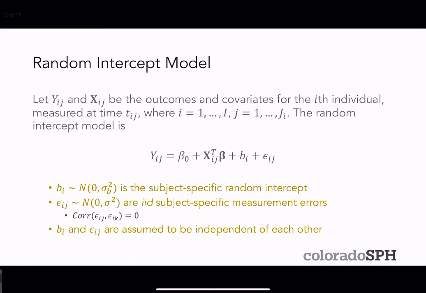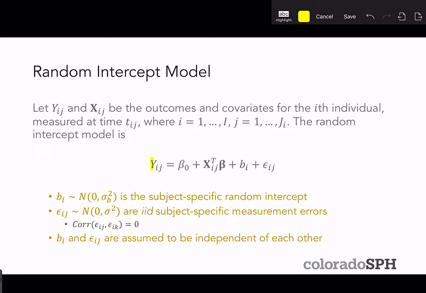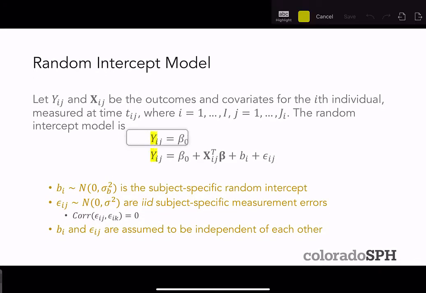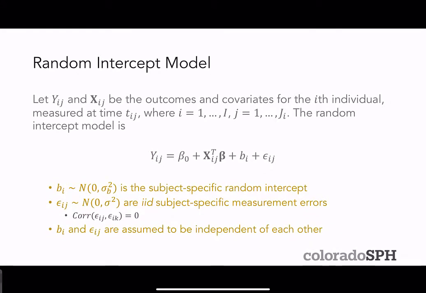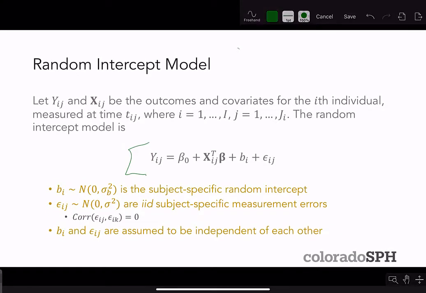So first is the random intercept model, and this is the simplest form of the linear mixed effects model. I have a model written here, not in matrix notation, for an outcome y. Yij is just one scalar value for the jth time point of the ith individual.